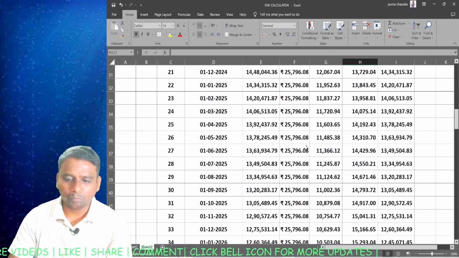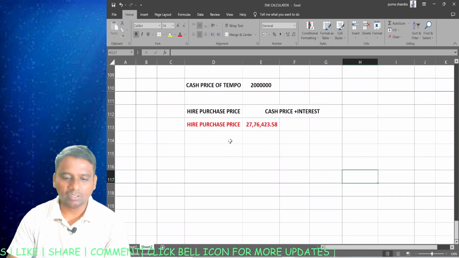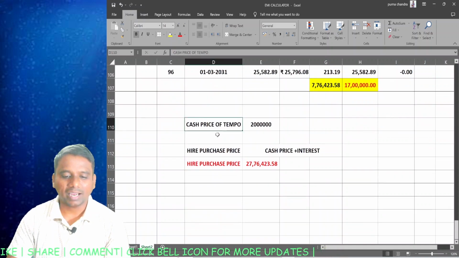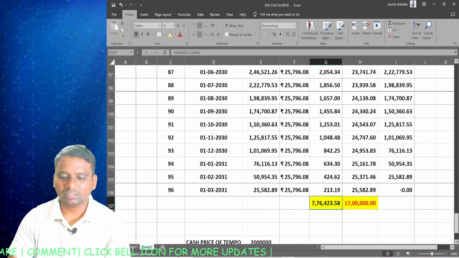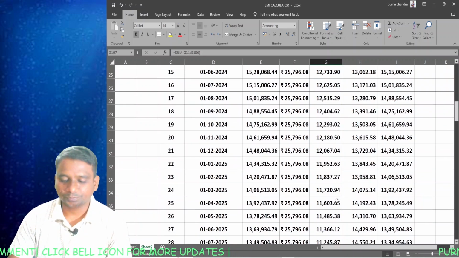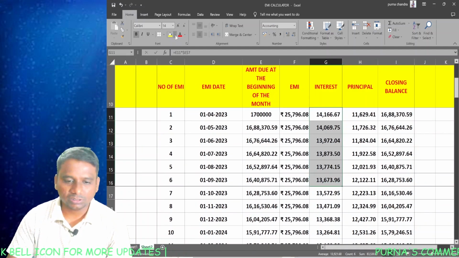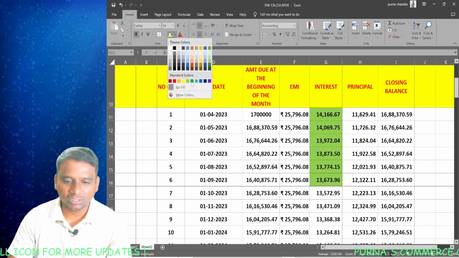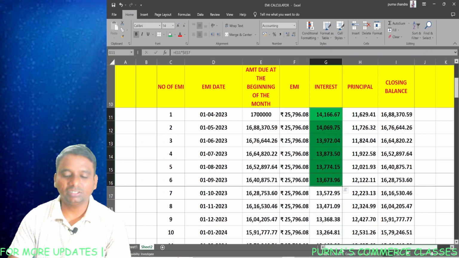Okay, but manually you should calculate this hire purchase price, cash price, and this interest amount, and at the same time, how much is interest portion in each installment?